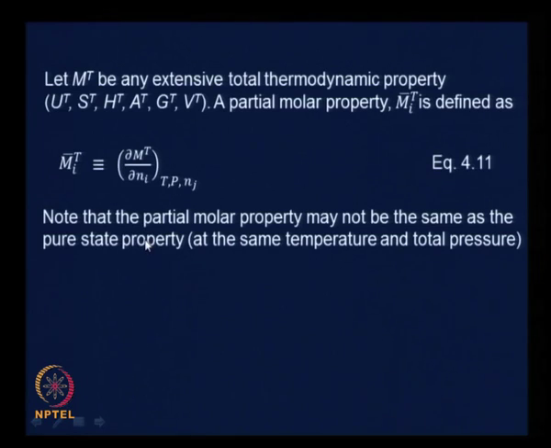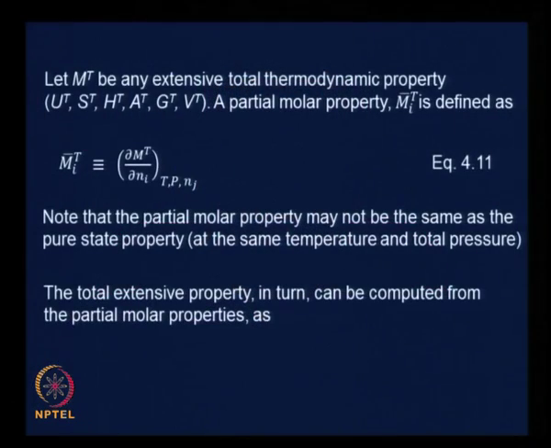As we had said earlier, the partial molar property may not be the same as the pure state property at the same temperature and total pressure. That is the reason for defining something different as the partial molar property. It is the property that the component seems to exhibit when it is present in solution. In other words, it is some sort of a hypothetical measure. Why are we using this measure? It gives us an easy means of estimating the total property.